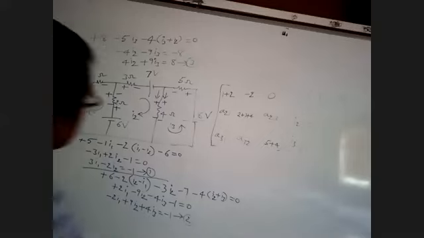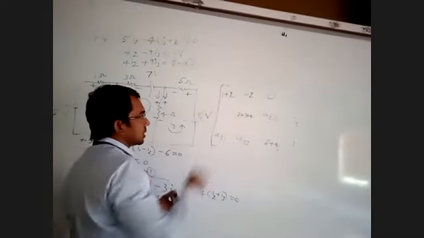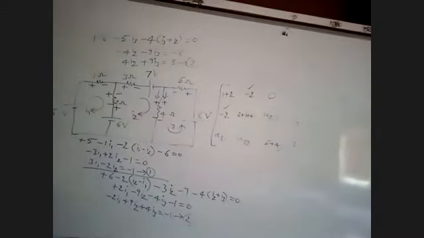Now similarly, A21 is equal to A12. Second loop and first loop common: minus 2. Next, second and third loop: plus 4, because both are the same values.